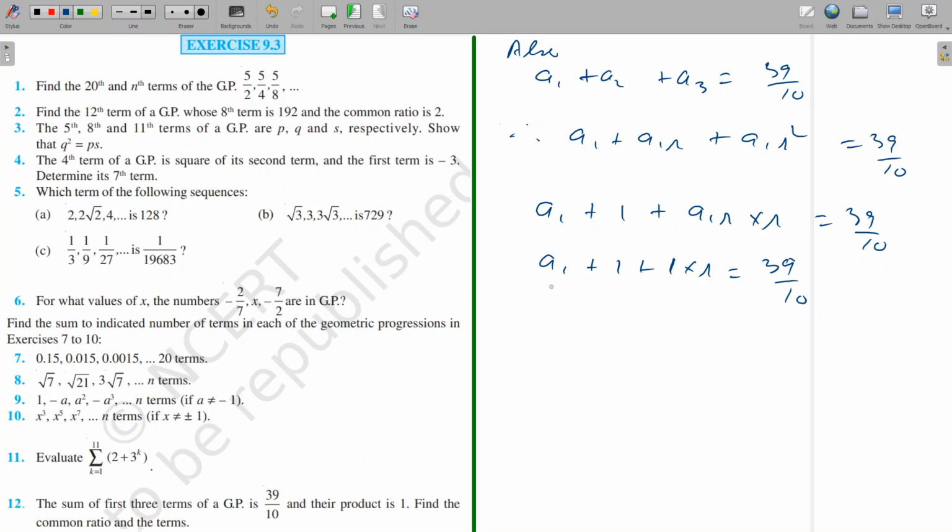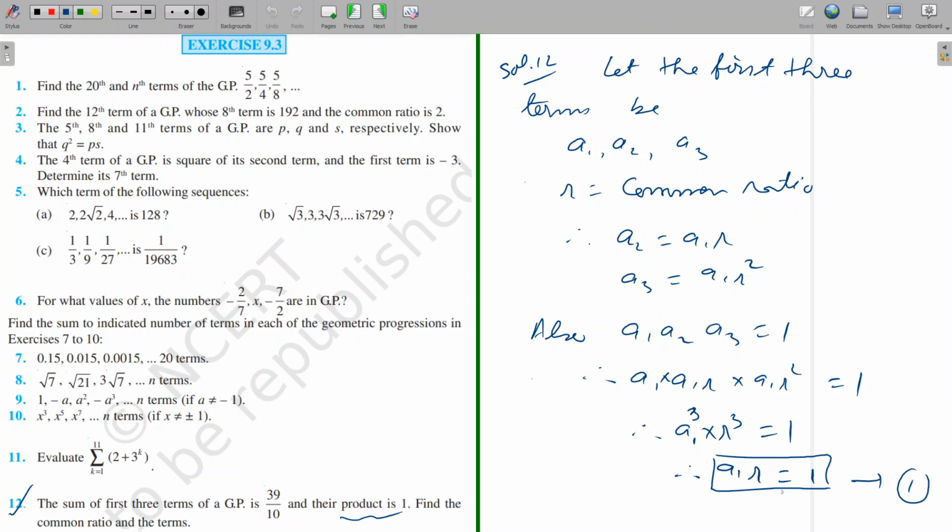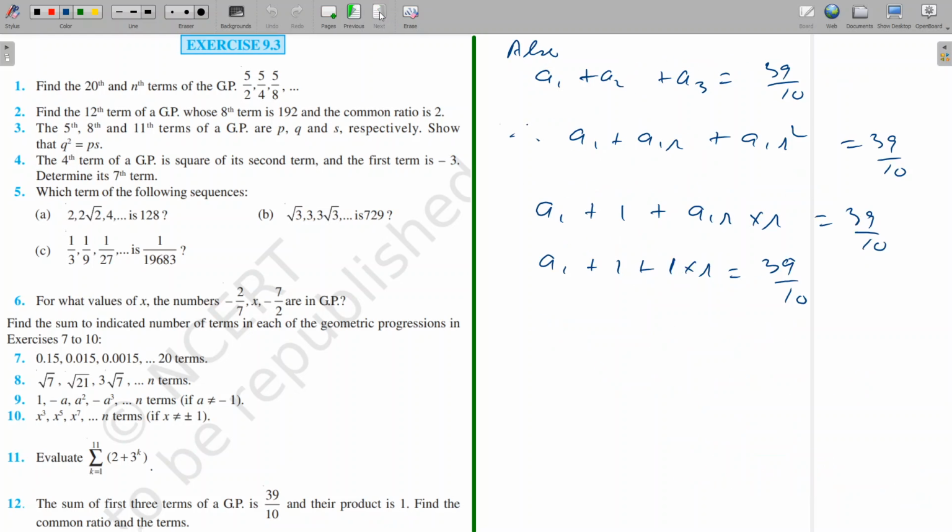Already we have seen earlier, if you move back, A1R equal to 1. So what is A1? A1 can be written as 1 by R. So we'll replace this A1 with 1 by R. So we'll get 1 by R plus 1 plus R equal to 39 over 10, because A1R equal to 1.